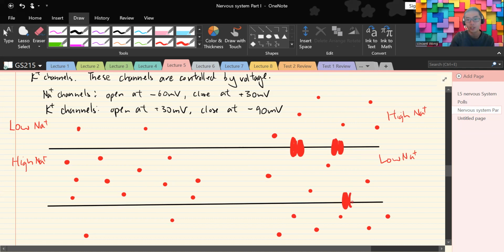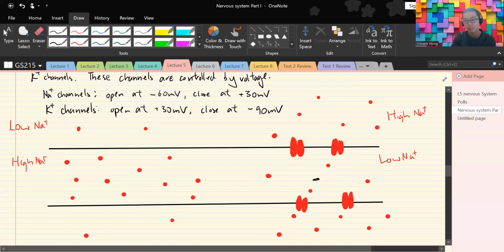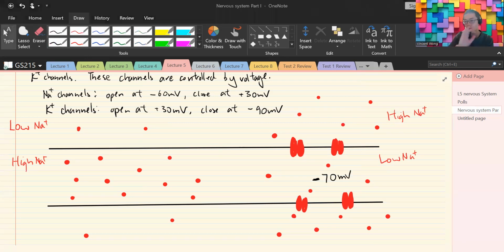They have not reached the triggering points yet. If I measure the potential difference down here, it would still be at -70.